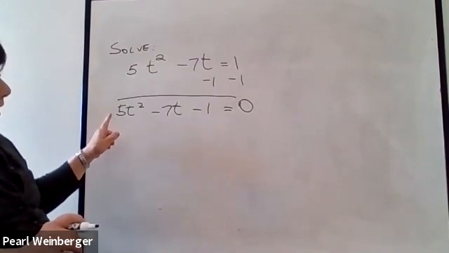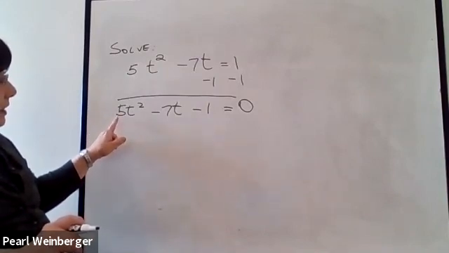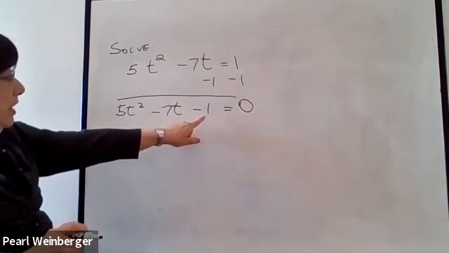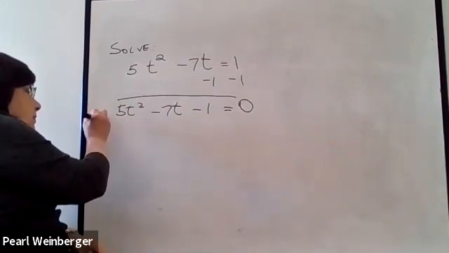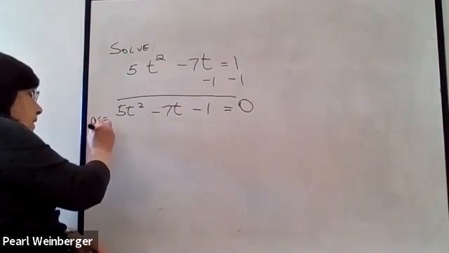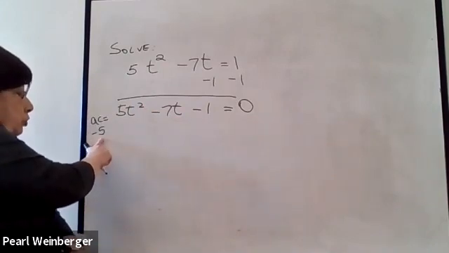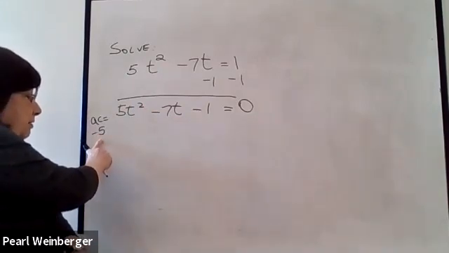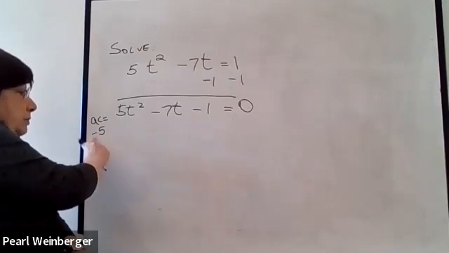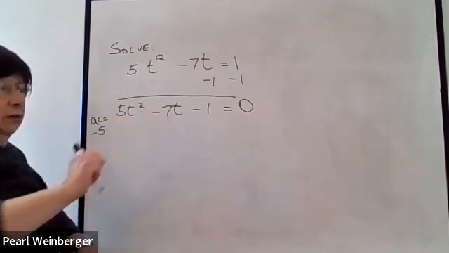I can't use factoring because my AC is 5 times negative 1, which gives me negative 5. So I would be looking for two numbers that multiply to negative 5 and when I subtract them give me 7.